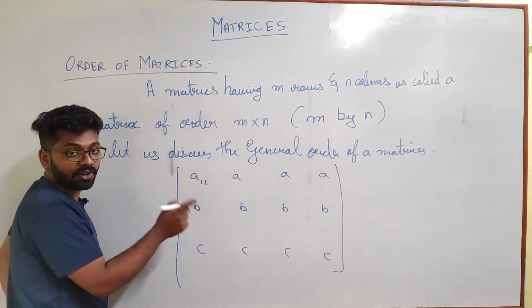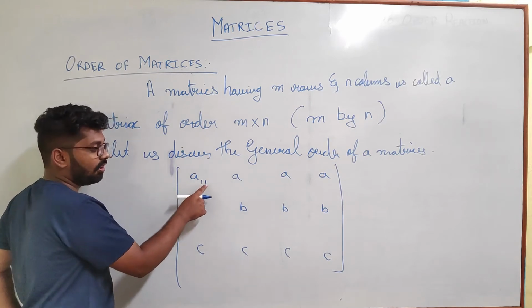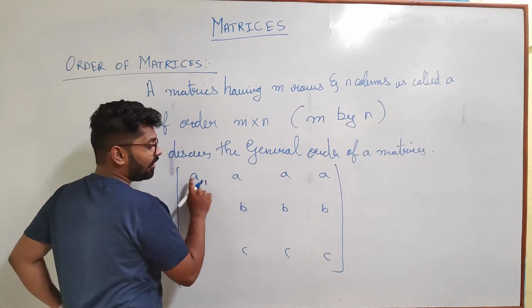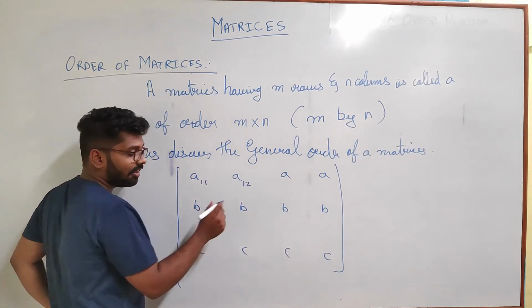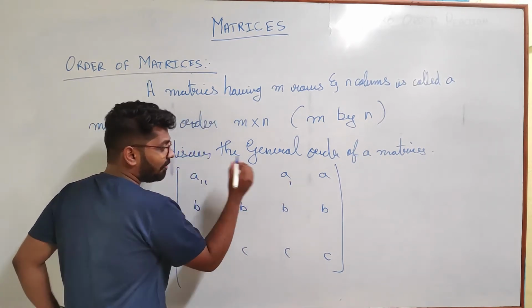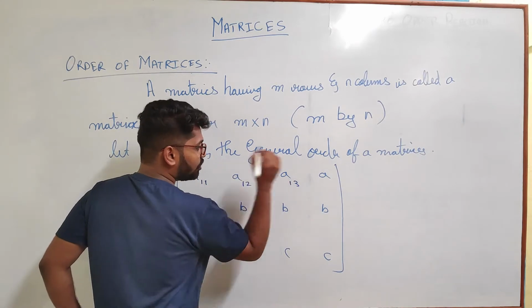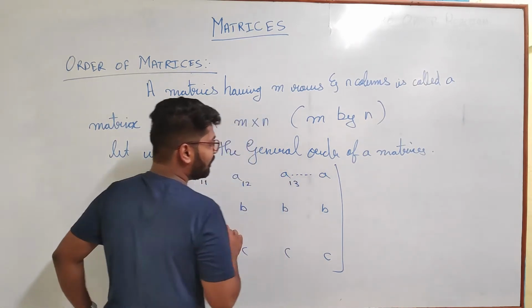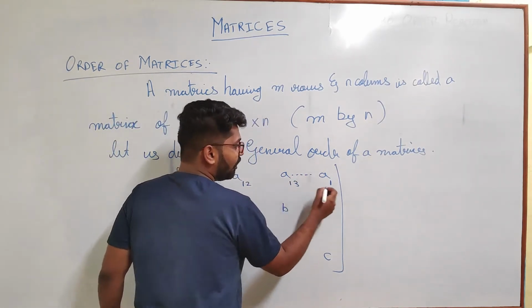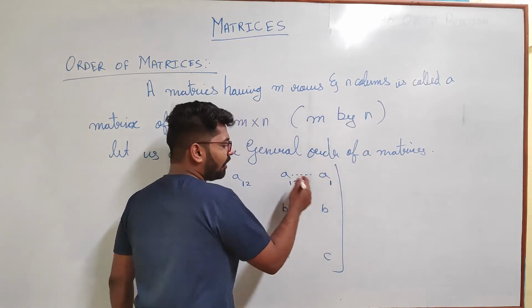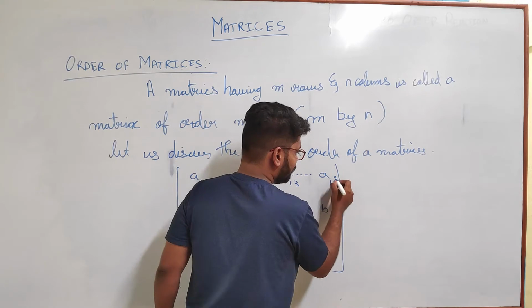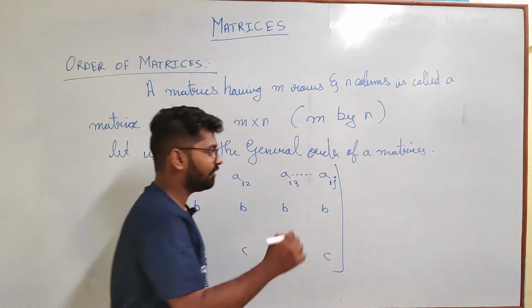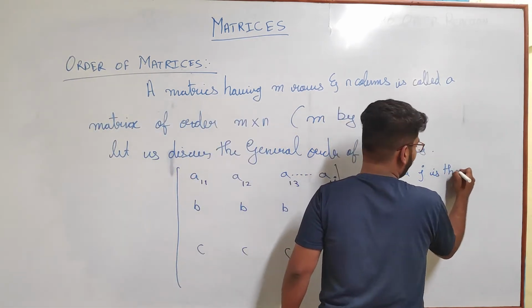So A11 means first row, first column. This element is in the first row, second column. This one is first row, third column. So on up till the first row, nth column, where I'll consider j as the nth column.